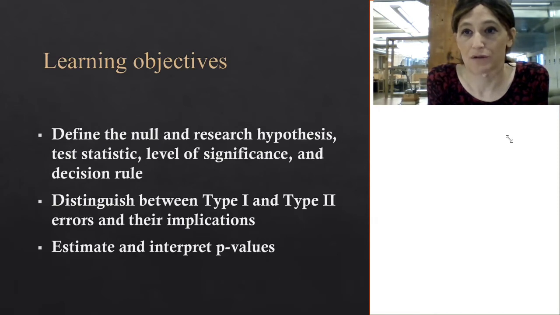I hope that you'll use the key terms for this week to review some of these concepts, but I also strongly encourage you to read chapter 7 in your book, which goes into hypothesis testing and some of the logic behind it. It's a hard thing to describe in lecture format, but it's a little easier to read it and have it kind of sink in what we're actually doing when we set up a hypothesis test.